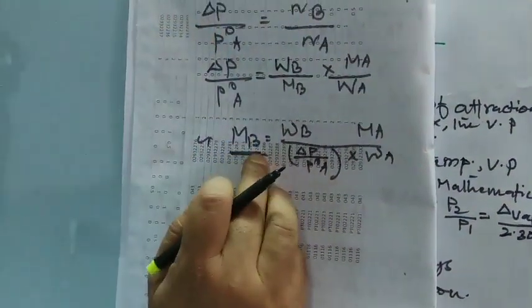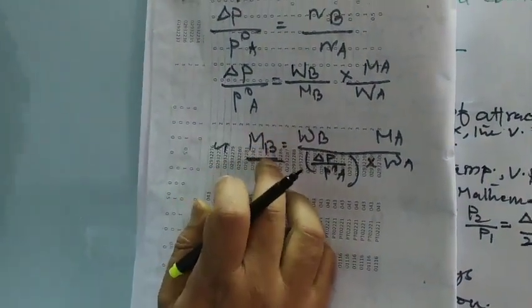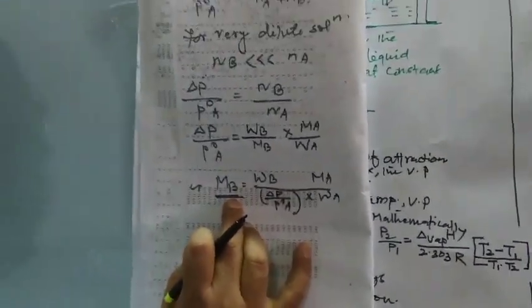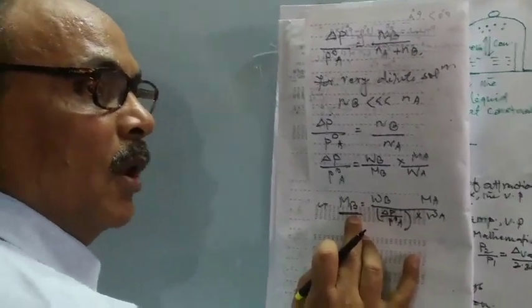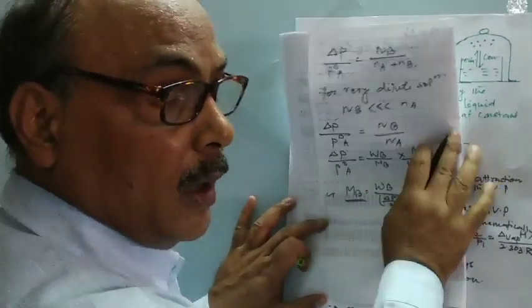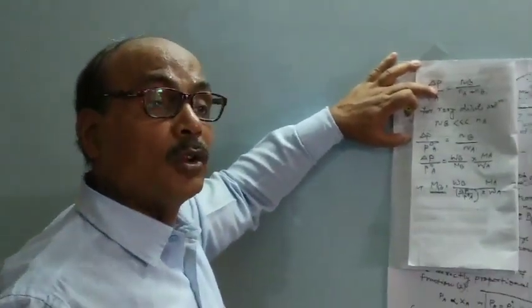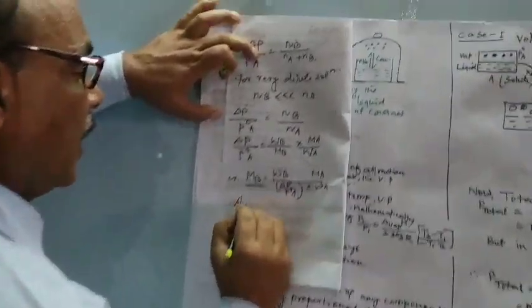Using this we can calculate the molecular mass of solute, and often in the board examination there are numerical problems based on the relative lowering of vapor pressure. So revise this topic. It is very important for the board examination, and also attempt the in-text question assignment. What are the assignments?